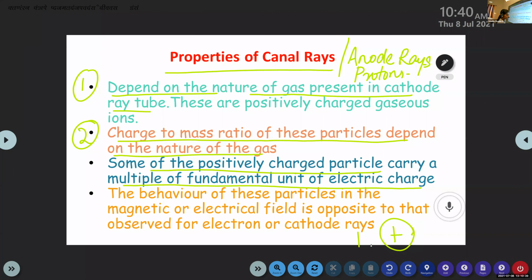That means 1 into the charge of these anode rays, then 2 into, like that. If the atomic number is 1 and one proton is there, this unit is similar to that electric charge with positive value. If the atomic number is more than 1 and more protons are there, the value will be the multiples of the unit of electric charge. We can discuss it later. So this is the third property of canal rays.